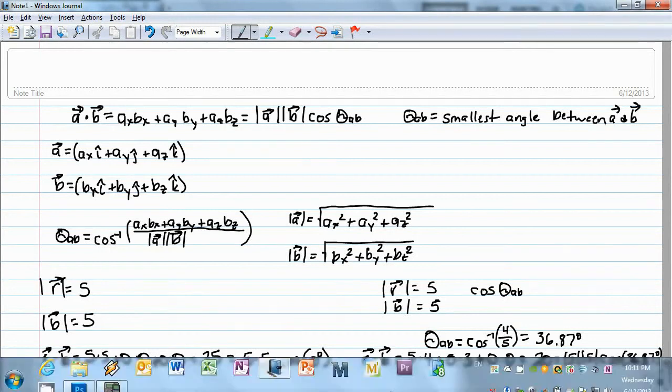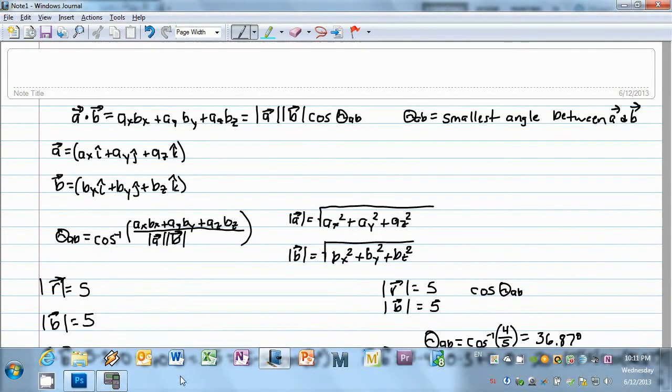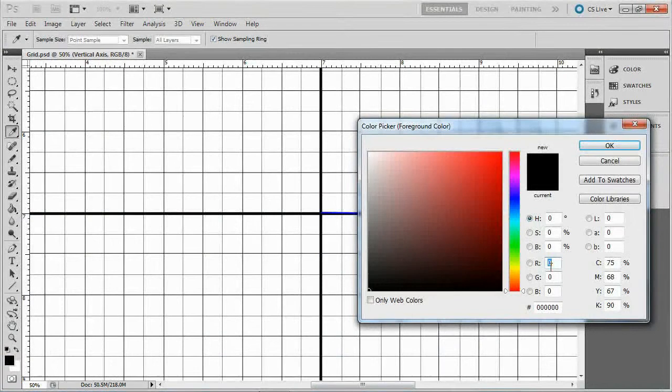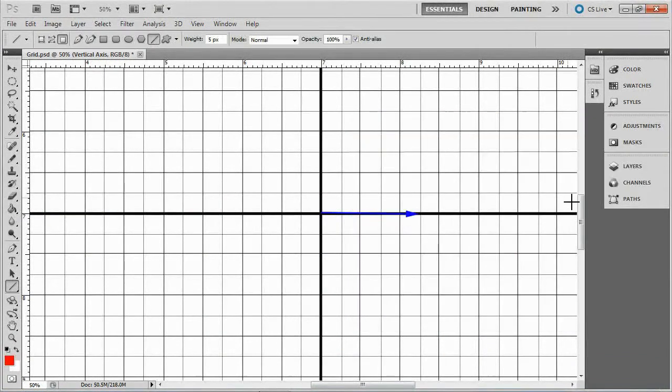The one last thing that we need to consider is what happens when one of our vectors are 90 degrees separated.